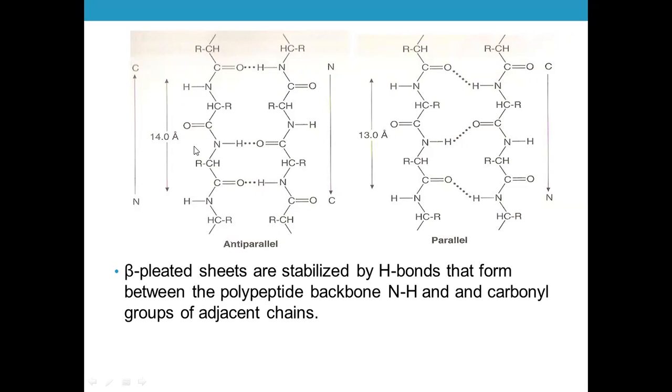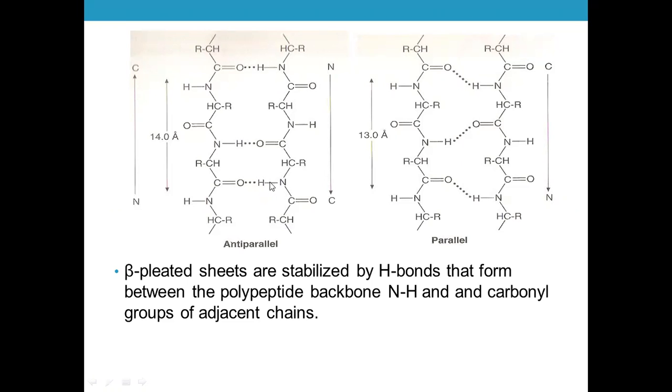For example, here you have the C double bond O, an oxygen of your peptide, and C double bond O, N-H, the hydrogen of another amino acid sequence, or rather a polypeptide chain here. And there you have a hydrogen connected to the nitrogen. You have to remember that for a hydrogen bond to occur, the hydrogen should be connected to an electronegative atom such as nitrogen, oxygen, and fluorine.